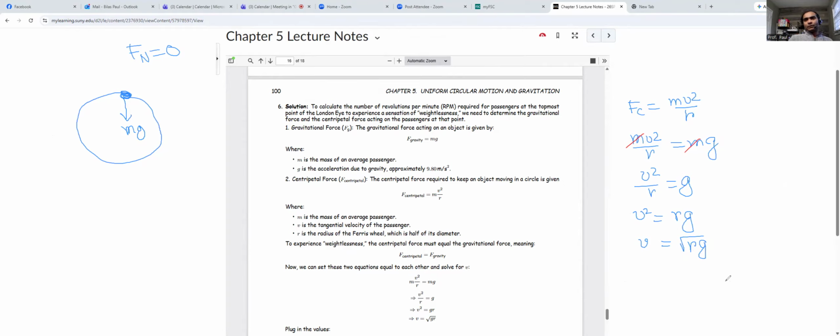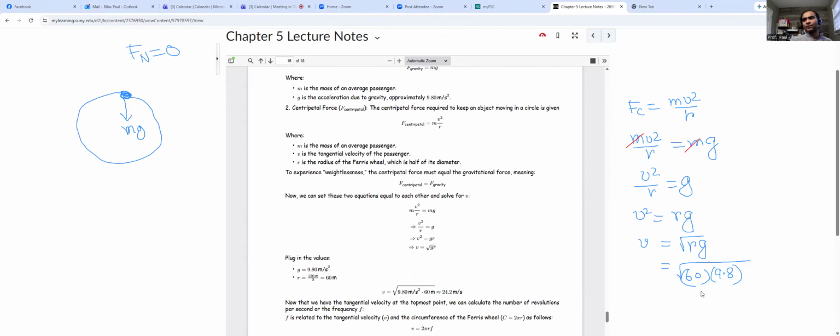Now, what is this value? We already know that r is equal to 60 meters, and g is equal to 9.8, right? This tells us that the speed of the Ferris wheel, if you plug these values in your calculator, you should get approximately 24.2 meter per second.